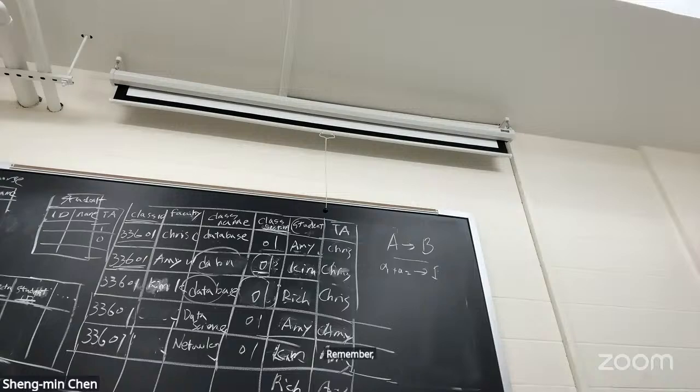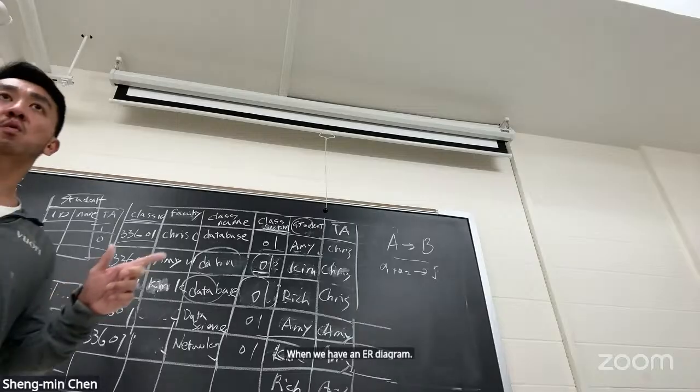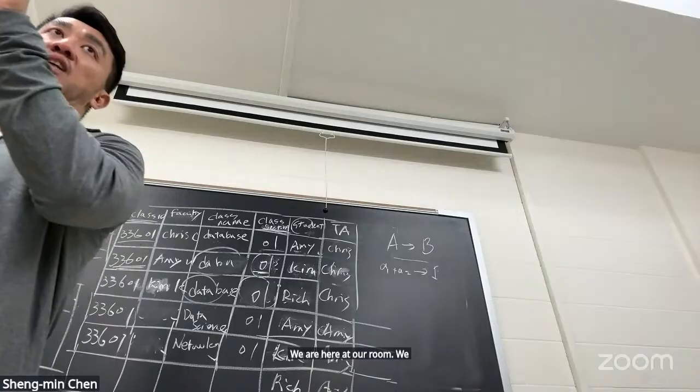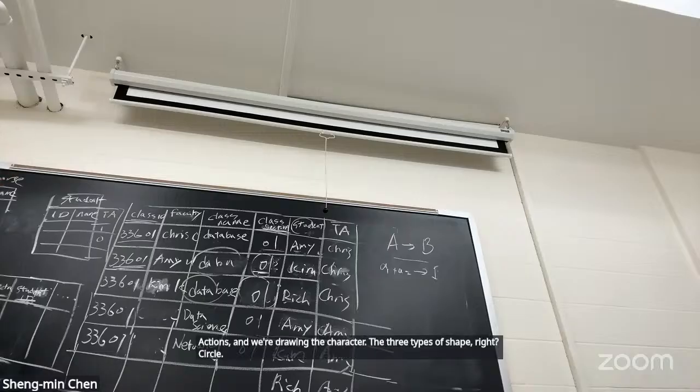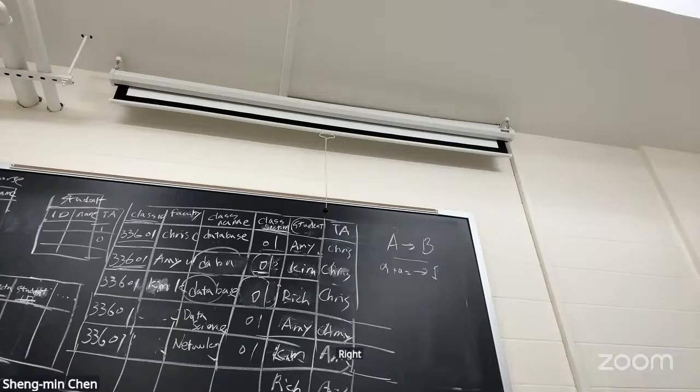Remember we talked back in the day when we had ER diagrams. When we have an ER diagram, remember we're drawing actors and actions and we're drawing the three types of shapes, right? Circle, relationship, which is the diamond, and then you have the square one with entity. Remember that?